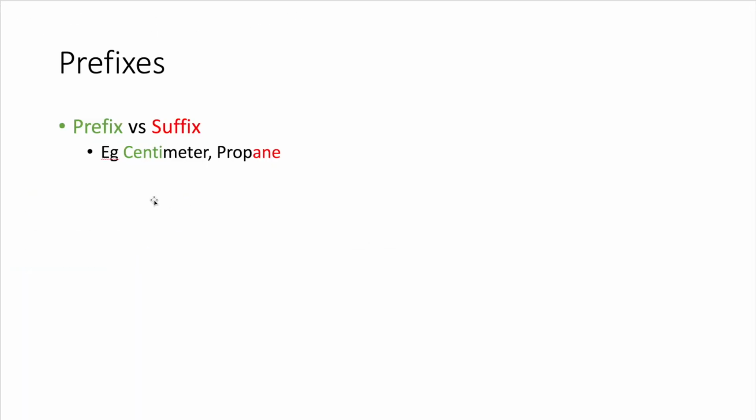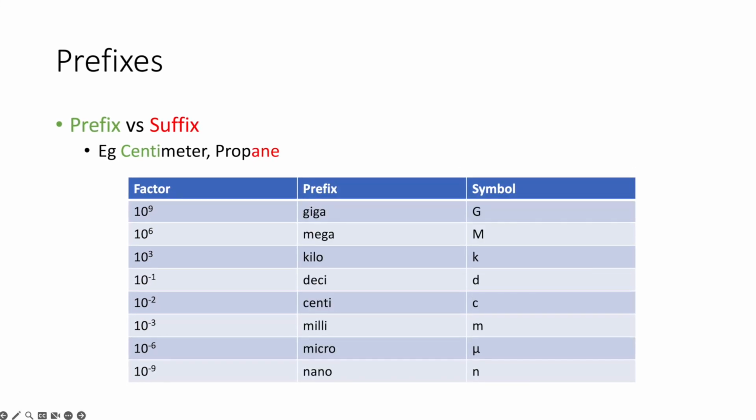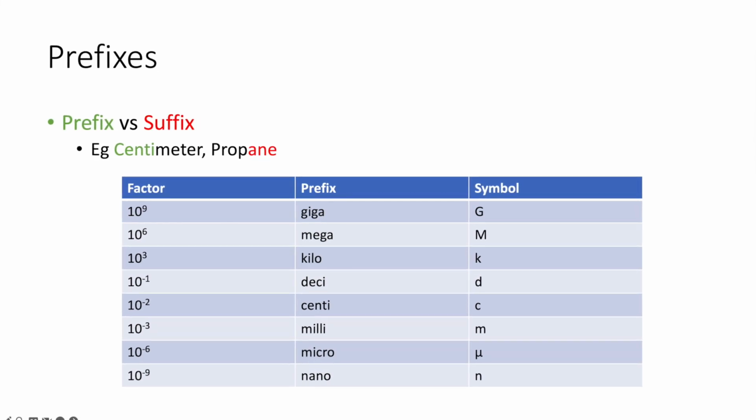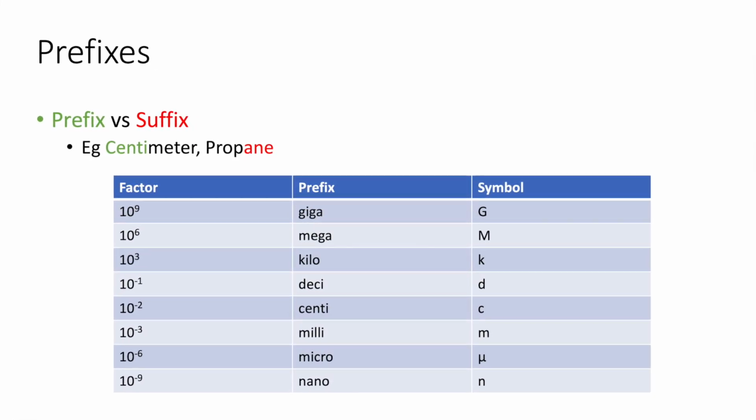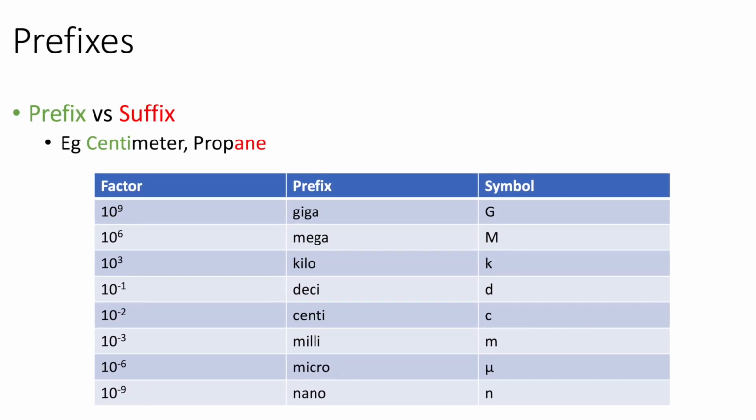The word is fixed at the end. The prefix is a mini word that is fixed in front of the original word. Certain things are very common to you already, things like centimeter, kilometer, and these prefixes are used to describe a much larger amount or a much smaller amount. If you want, you can commit them to memory by doing lots of questions, and things get into the mind a little bit easier.